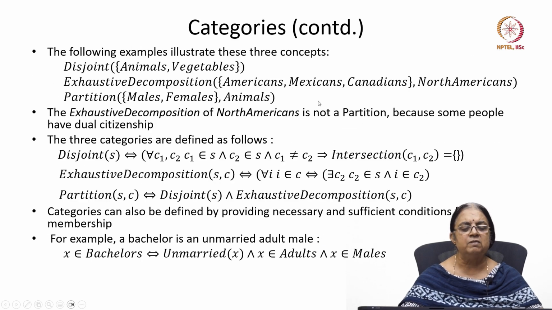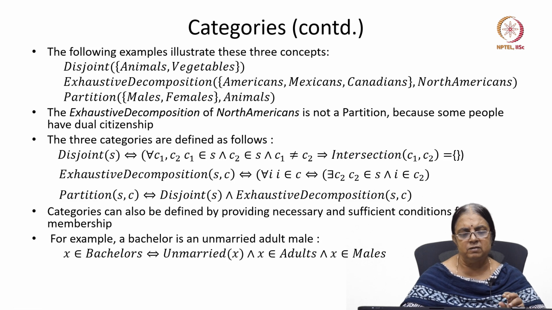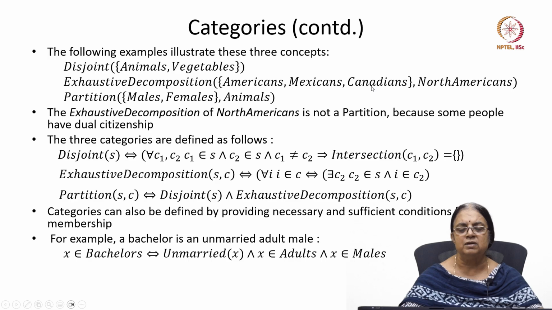So for example, if you have the categories animals and vegetables, you can say they are disjoint because something can either belong to the category animals or it can belong to the category vegetables. And if you take North Americans, they have to be either Americans or Mexicans or Canadians.